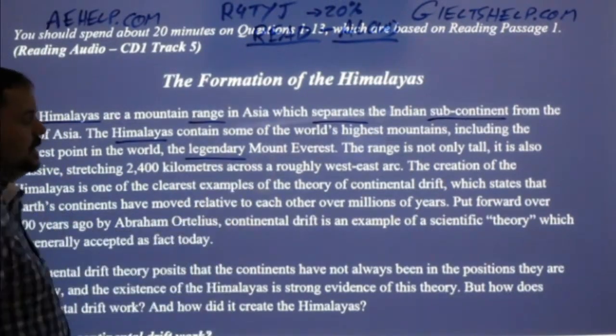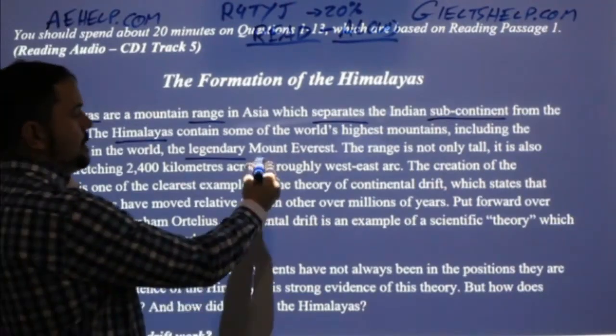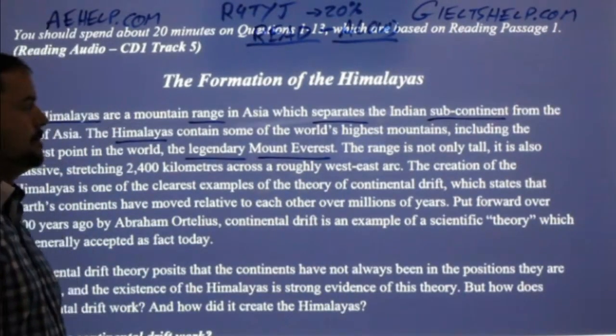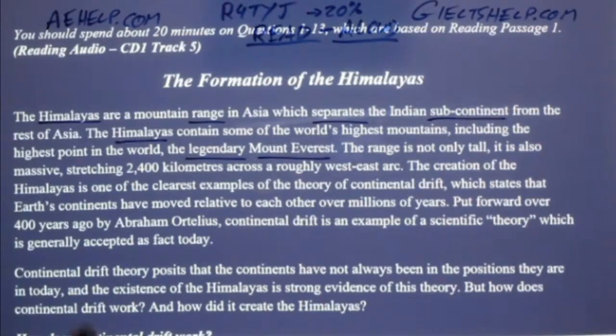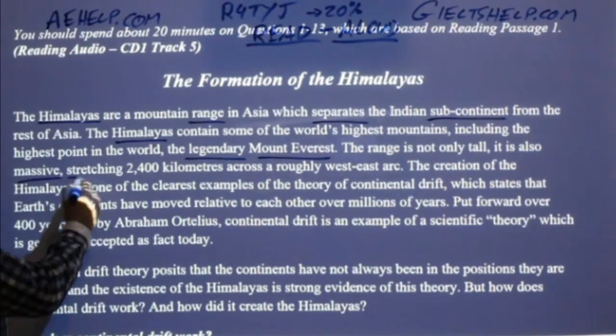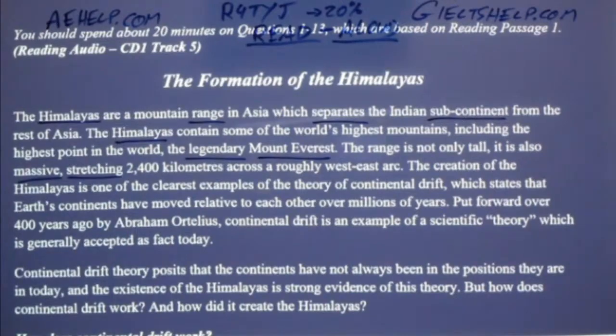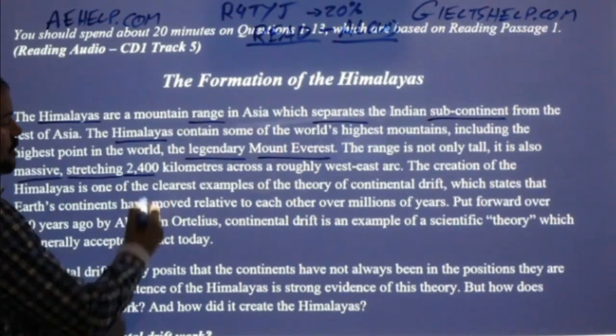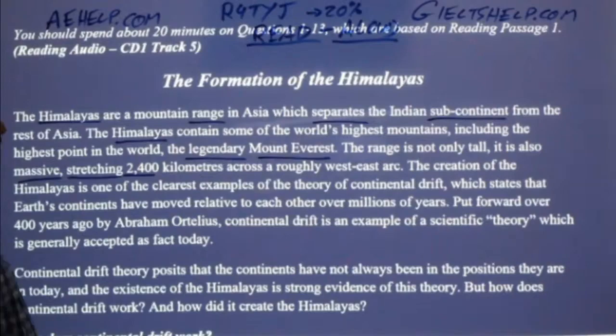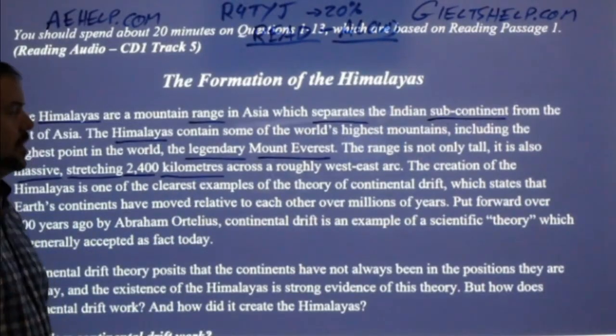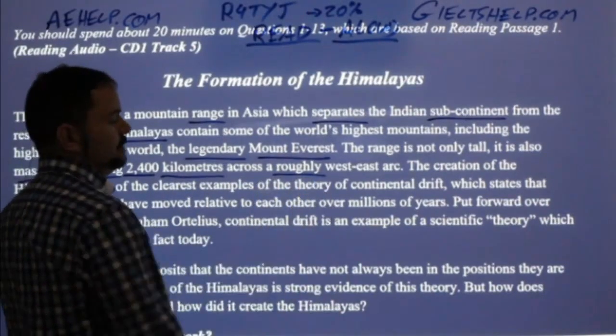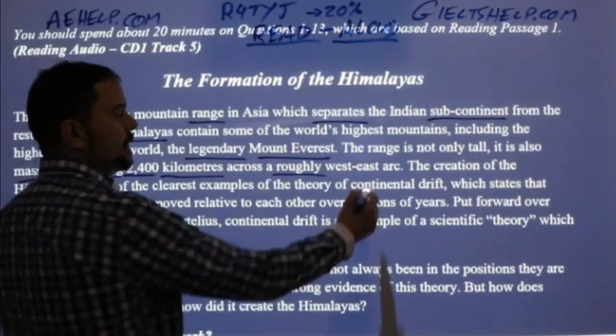Legendary, legendary. Mount Everest, Mount Everest. Massive, massive. Stretching, stretching. 2,400, 2,400. Kilometers, kilometers. Roughly, roughly.